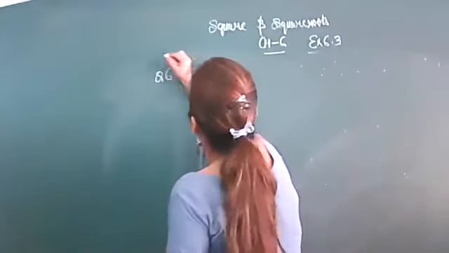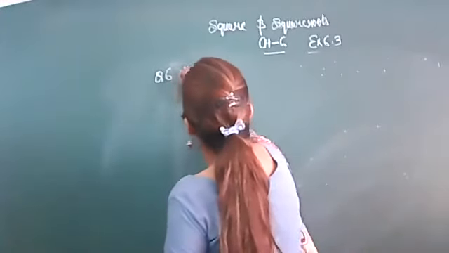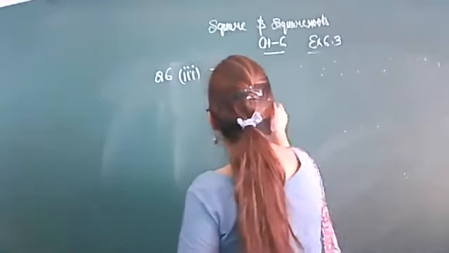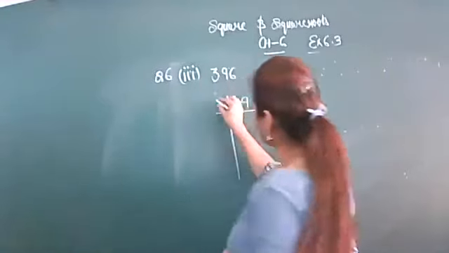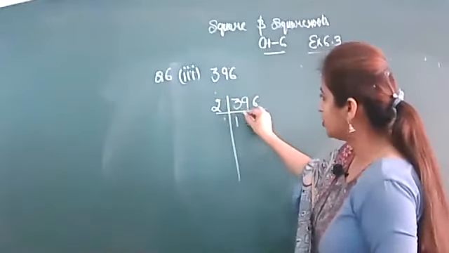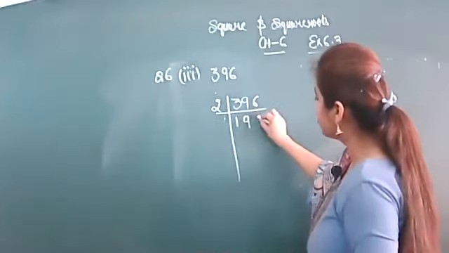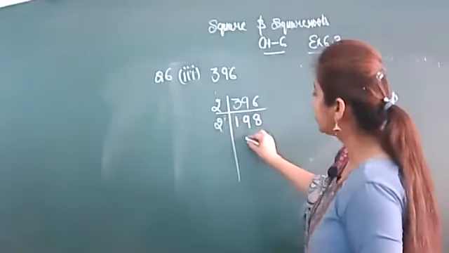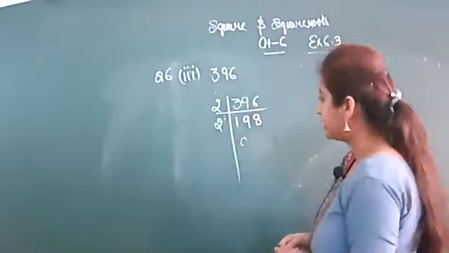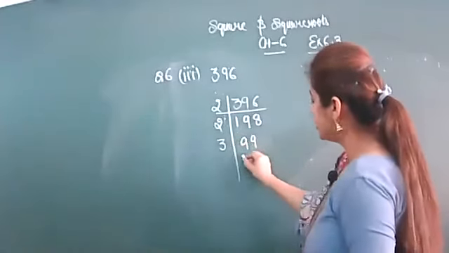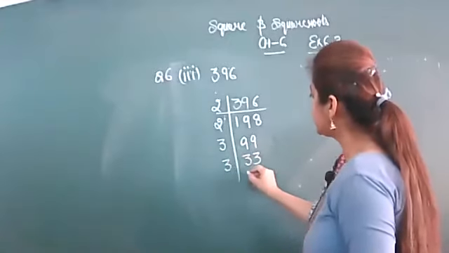Question number 6, third part is 396. So make the prime factors of 396. 2 ones are 2, 2 nines are 18. So the factors are 2, 2, 3, 3, 11.